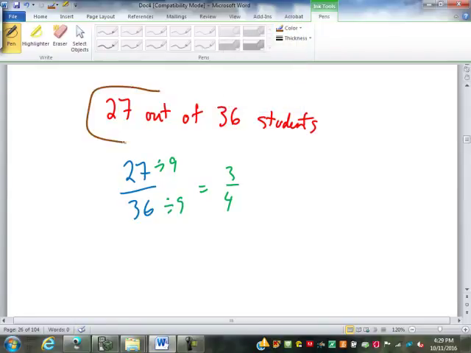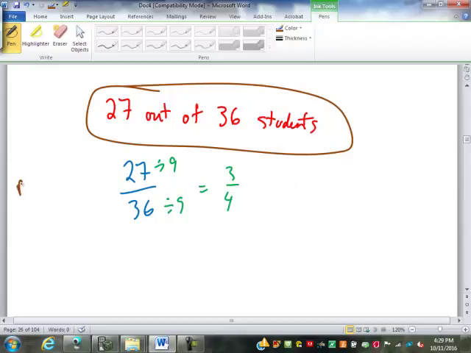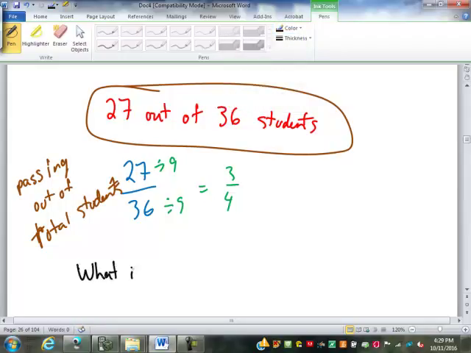Be able to tell the difference. If I ask what is the ratio of passing out of total, that's what I just showed: passing out of total students. But I might ask, what's the ratio of passing to failing?